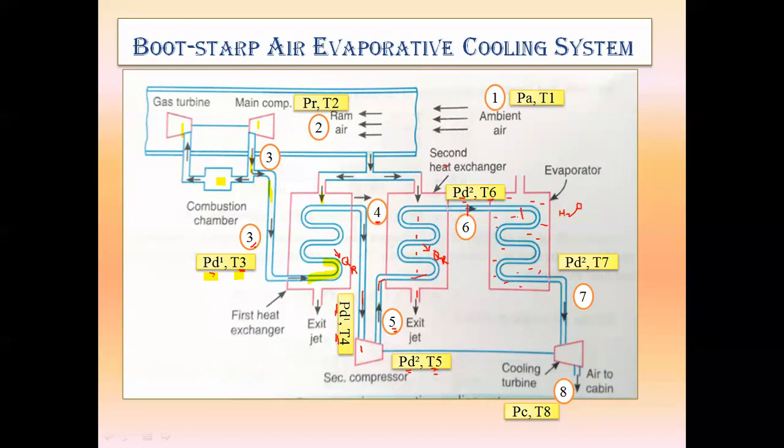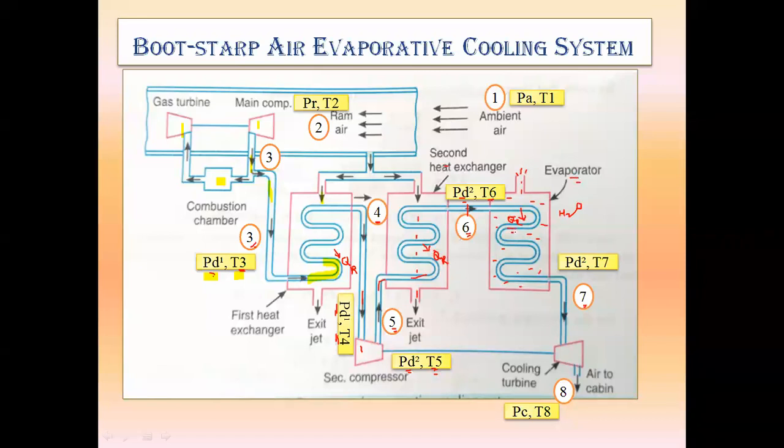This compressed air will again reject the heat at a constant pressure inside the evaporator, and because of that, the outlet of the evaporator will be water vapor. So the 6 to 7 process, which occurs inside the evaporator, will be a constant pressure heat rejection process.